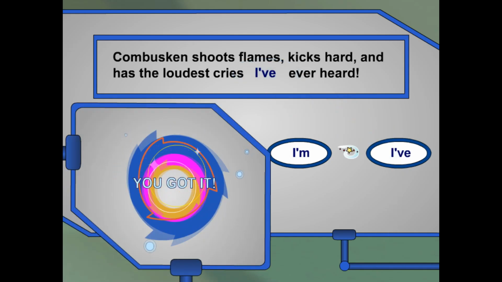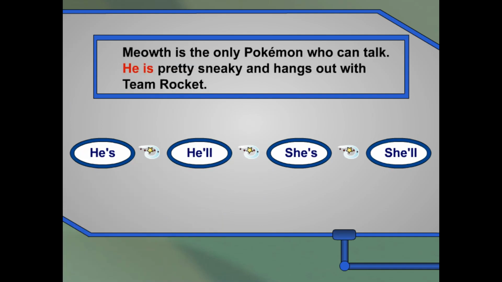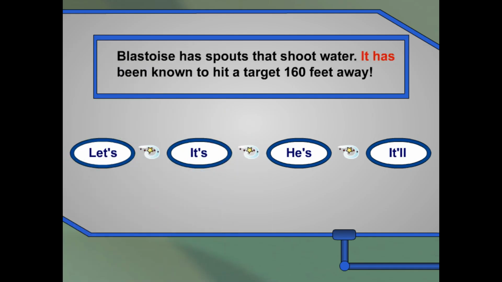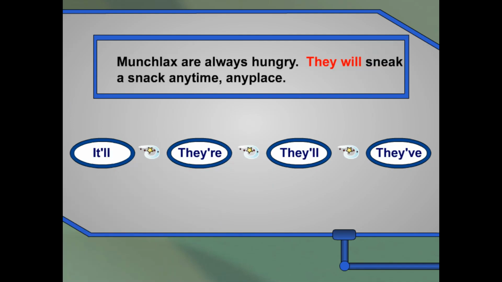You got it. Here's another description. You got it. This time, replace these words. You got it. Here's another description. You got it. Which contraction fits in this sentence?